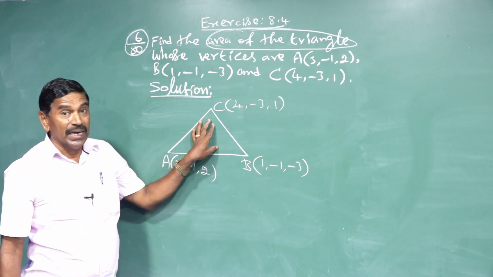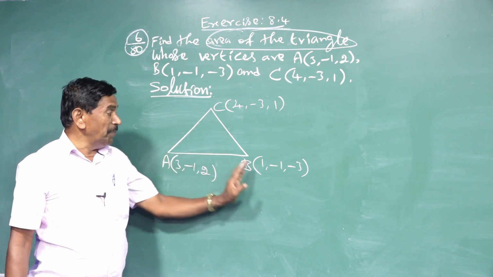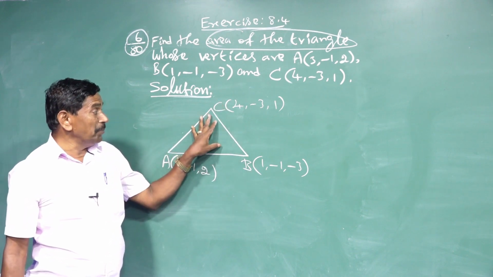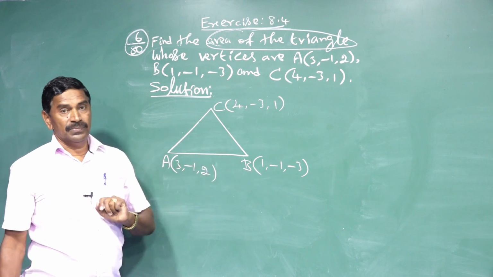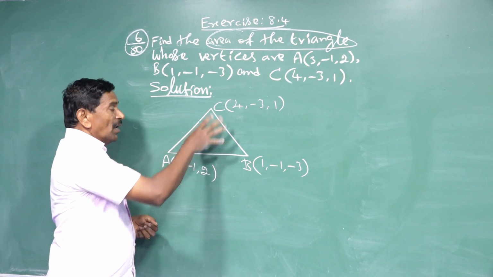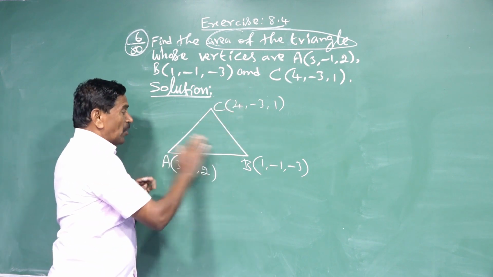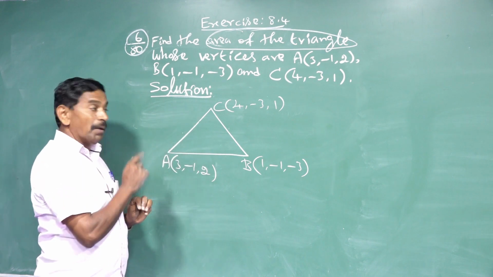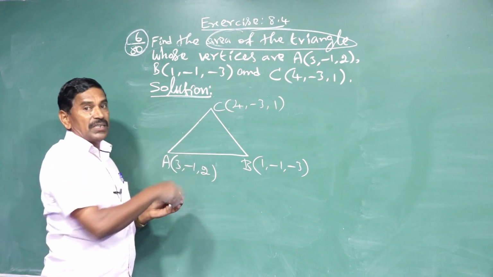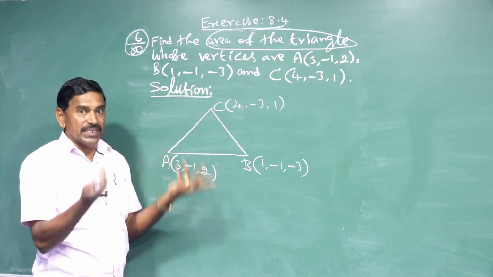Find the area of the triangle ABC whose vertices are A, B and C. If adjacent sides were given, the area of the triangle would be half into modulus of the cross product of adjacent sides. But now vertices are given, so first we want to find the adjacent sides.